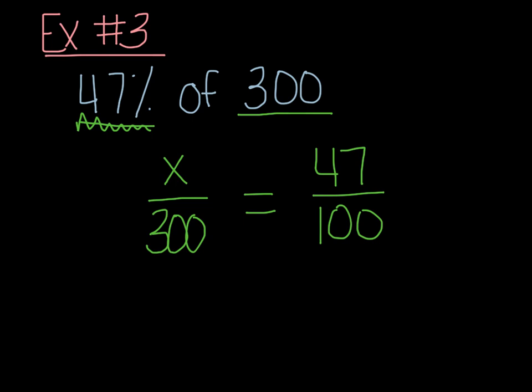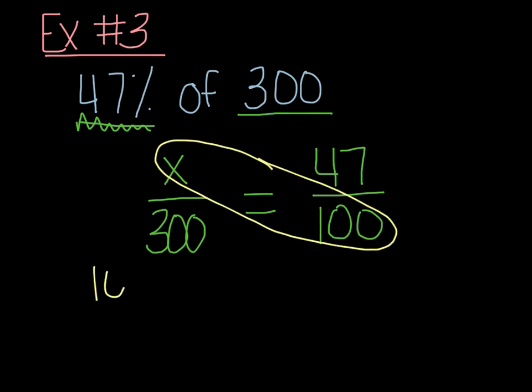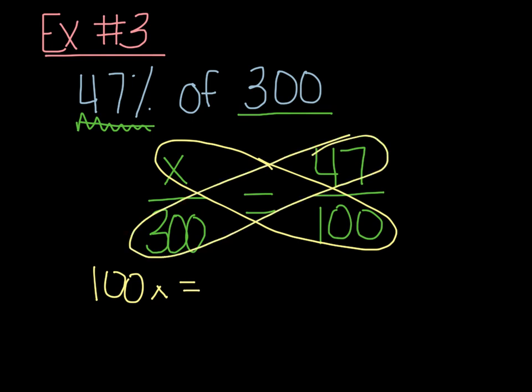So that's how we know 300 is our whole. Now we cross multiply. 100 times x becomes 100x equals 47 times 300, which equals 14,100. Now we have to get x by itself. We divide by 100 to do that.